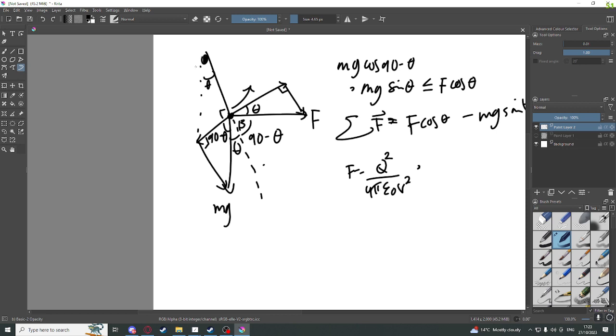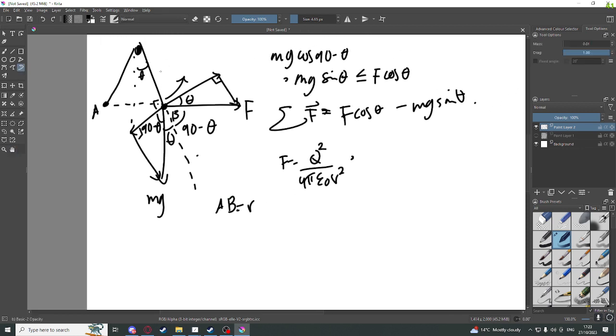So remember that. If this was A here, AB is equal to R. But because the string length is L on both sides, we can deduce that R will be equal to L times sine theta times 2.